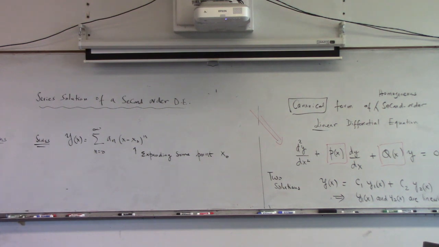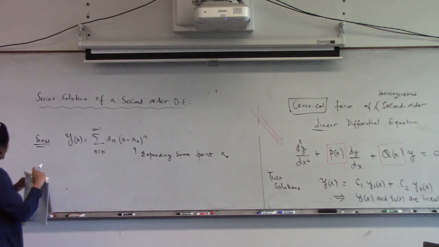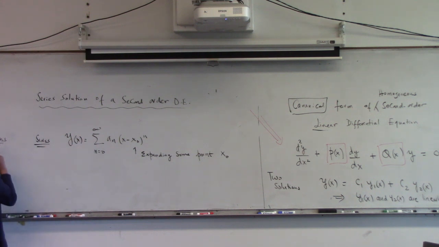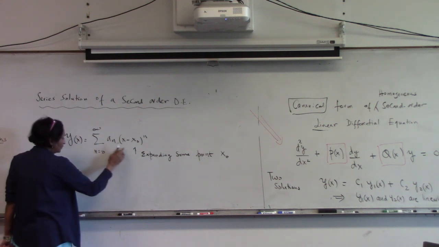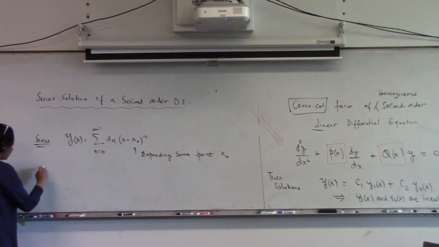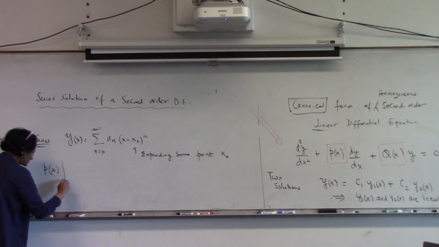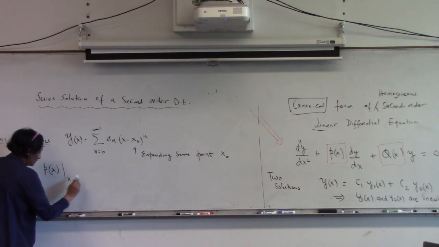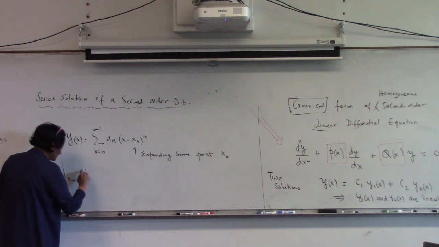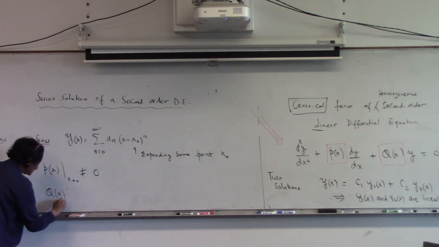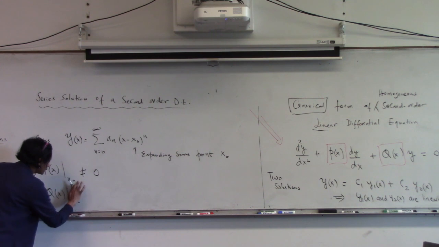What he said was the following: there are ways we could have a series solution if p of x and q of x, about the expansion point x naught, don't blow up, that is, if they are not infinite at x equal to x naught.